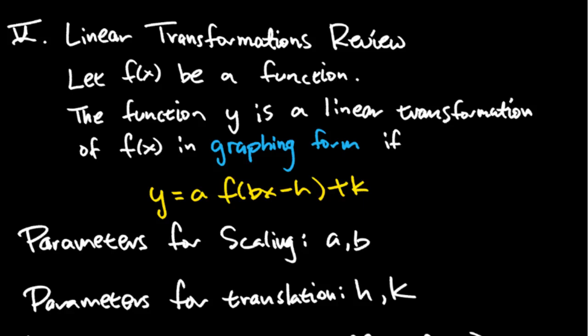So if you think about it that way, each of these values, called parameters, is going to do something to every single number in a function. There are two different types of transformations: scalings and translations.